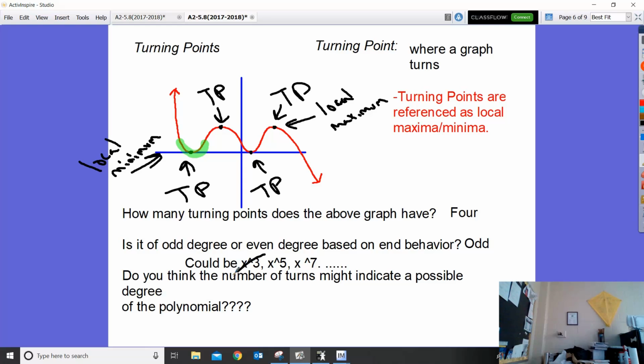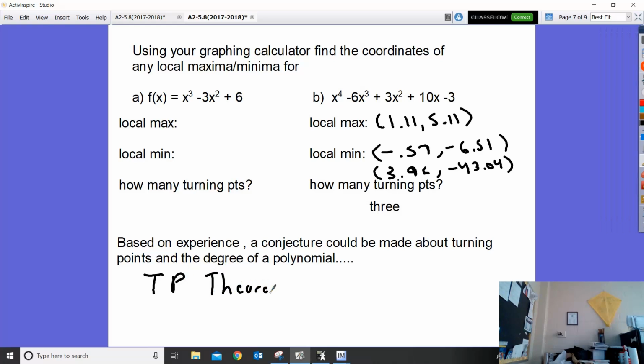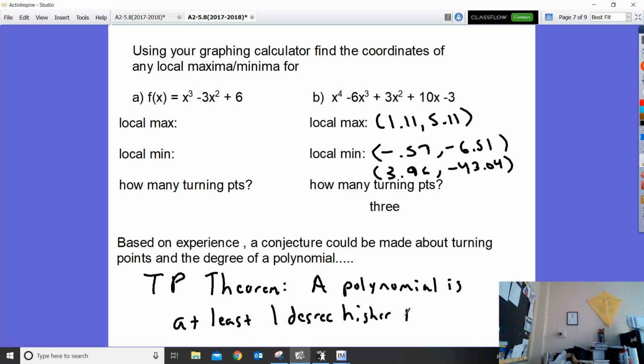So let's talk about what the turning point theorem is. We'll call it the TP theorem. Not the theorem of toilet paper. Turning points. Let's see here. A polynomial is, and wording here is, at least 1 degree higher than the number of turning points.